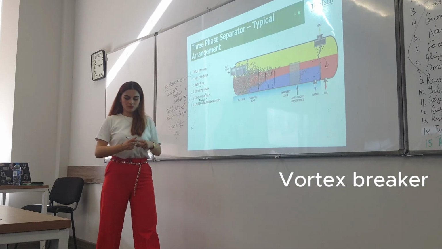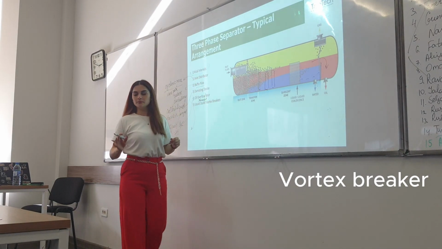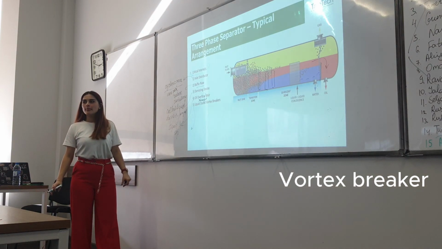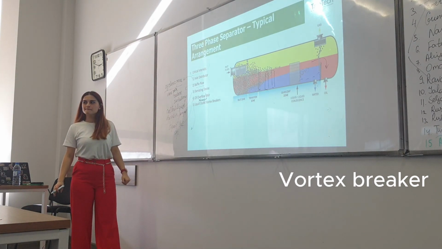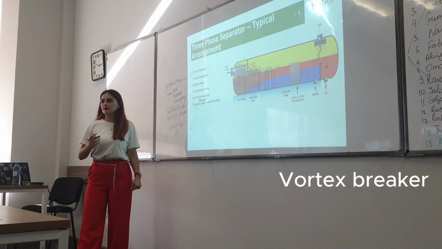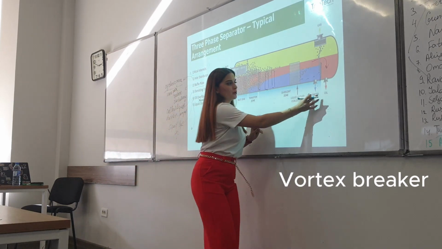Which phase? Water phase. Water or oil? And we want the very important, valuable material, for example methane or other precious material, to go out. Which phase is this important material? Water, products? No. You have the water, you have the oil.